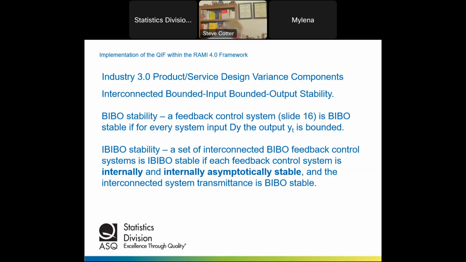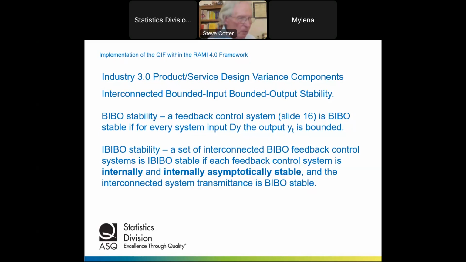I read this book back in the 90s, Variance Components by Searle, Casella, and McCulloch. That was where I first got into variance components.